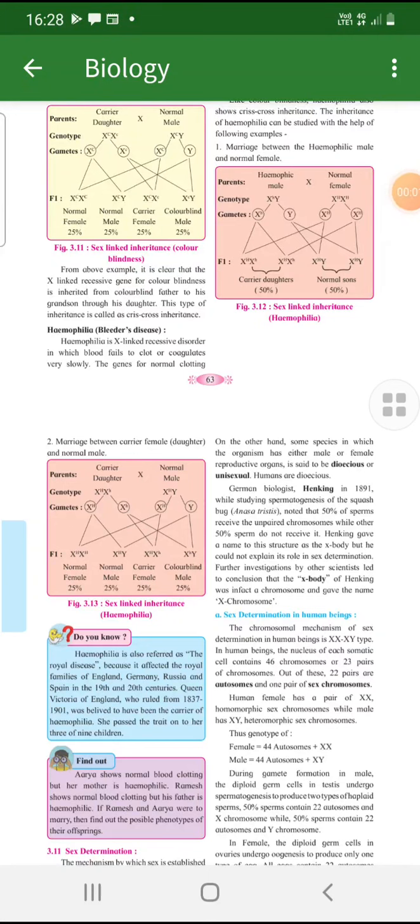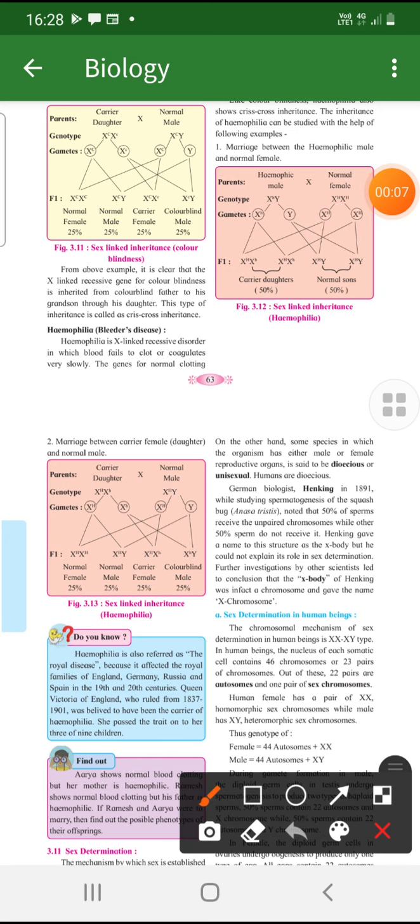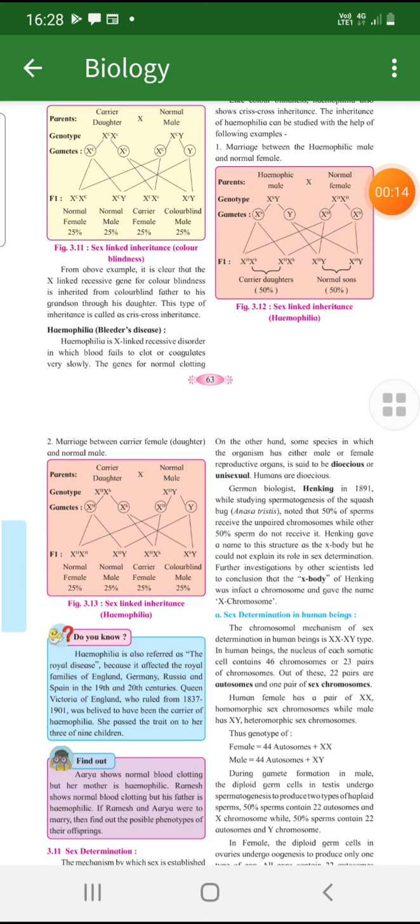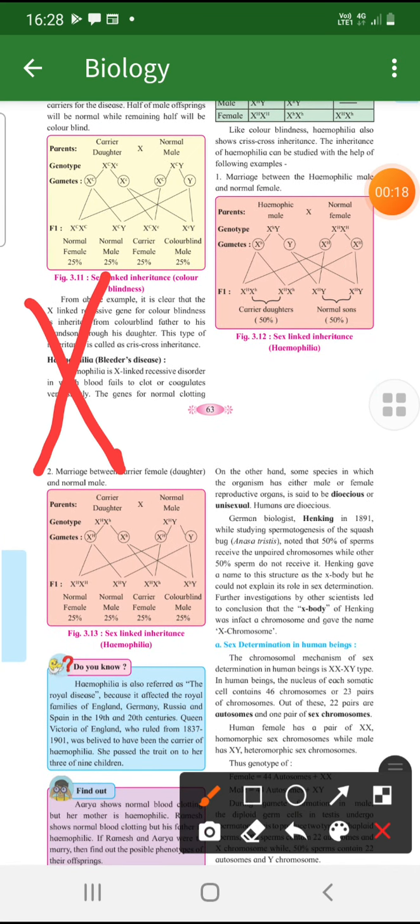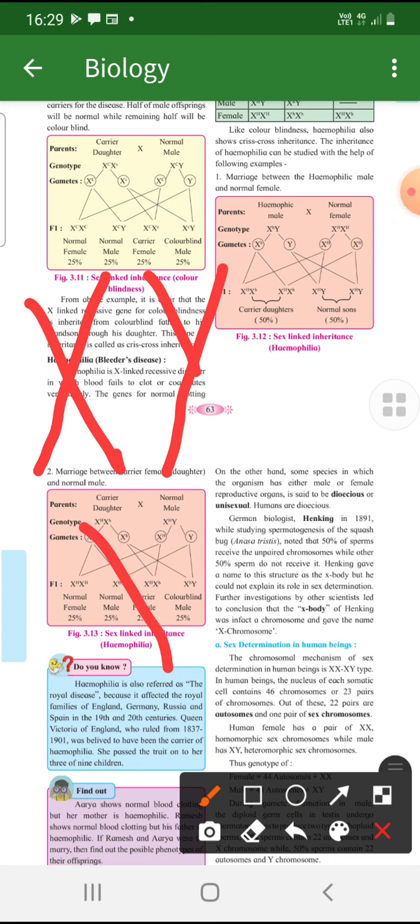We understood one example of colorblind cross, which was talking about crisscross inheritance, exactly like the colorblind genotype. If I am going to write a male, you write XY, and if you write a female, XX.